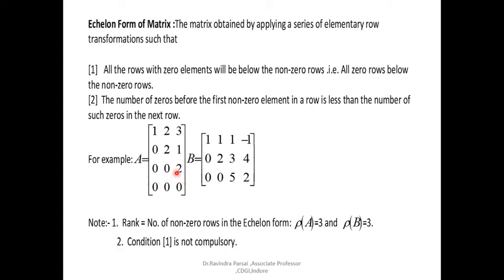A row in which all elements are not 0 is called a non-zero row. In the second example you also have 3 non-zero rows, that's why the rank is 3. Now condition 1 is not compulsory, it is not valid in all cases, but the second condition is required here.